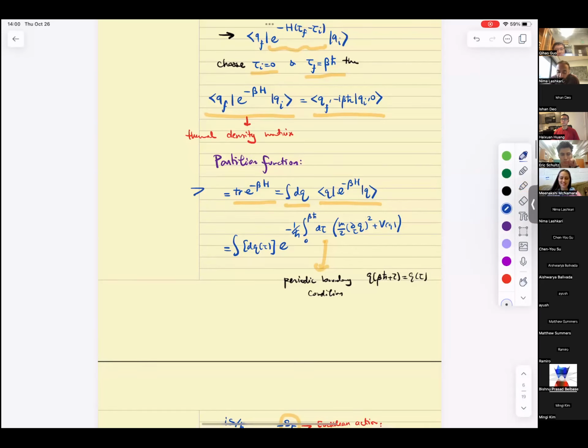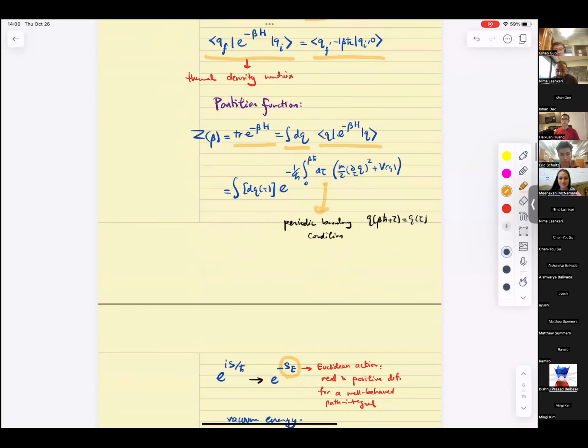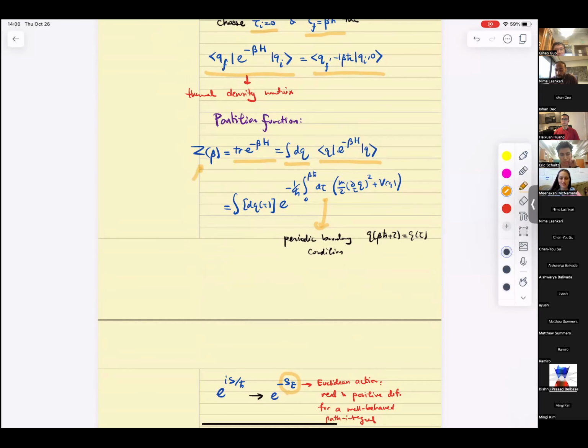So what we learn immediately is that because the propagator had a path integral formulation, the partition function has a path integral formulation. So now this is a path integral over all Dq of tau, e to minus 1 over h bar, integral from 0 to beta h bar of d tau. These were my tau I and tau f.